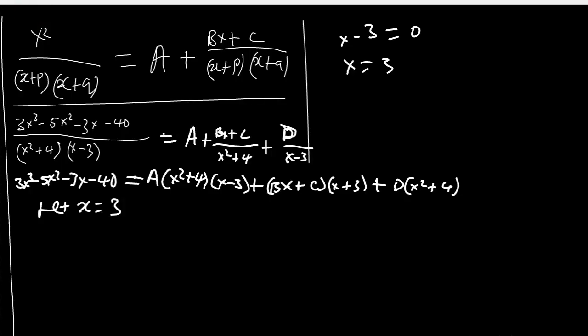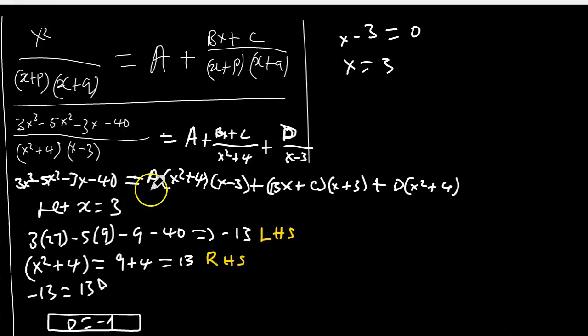Let's do that. By replacing x as 3 on the left hand side of this equation, 3x cubed, that is 3 times 3 to the power 3, gives us 27 by 3. All this will give us negative 13 if we replace the value of x to be 3.